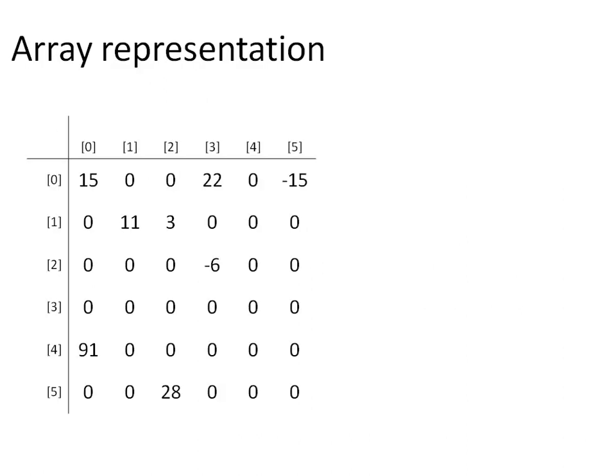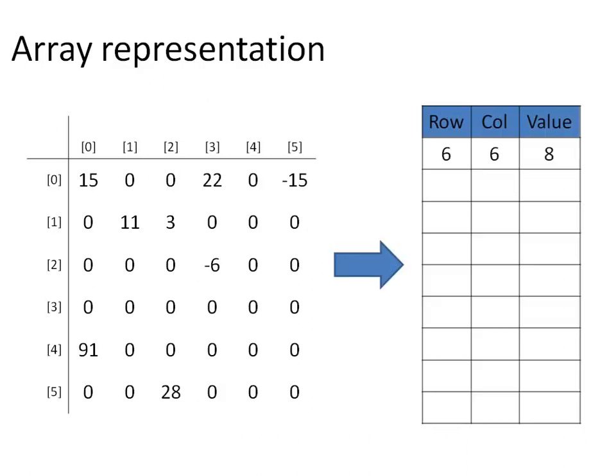The triplet is represented using a two-dimensional matrix which has 3 columns, and the number of rows will be equal to the number of non-zero elements in the sparse matrix plus 1. So, in this example of a sparse matrix, we have 3 columns and 9 rows as there are 8 non-zero elements in the given example.